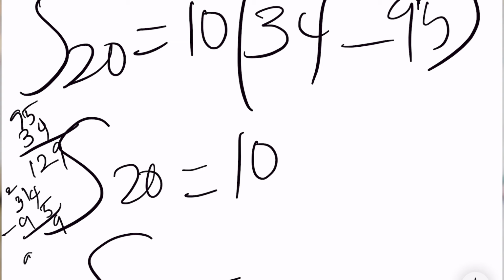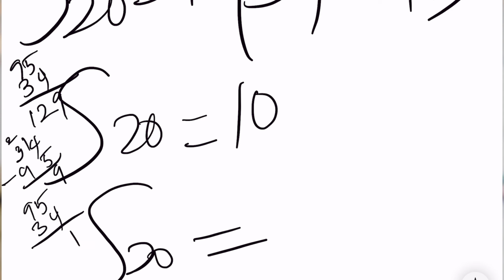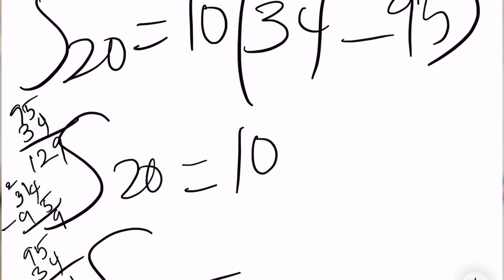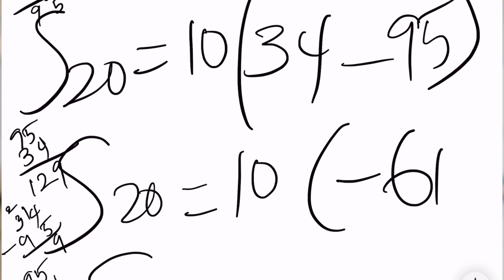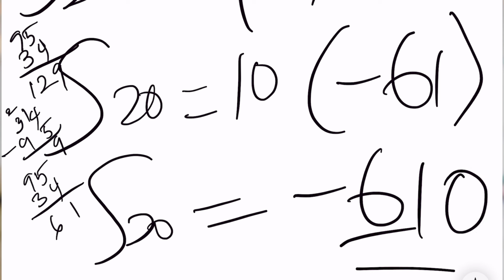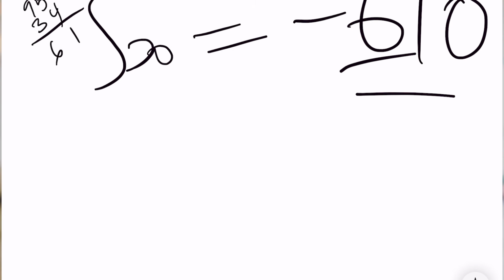Let's just do 95 minus 34. 9 minus 3 is 6, so we have minus 61, and multiplied by 10 we have minus 610. So the S20, the sum of the first 20 terms, is minus 610.